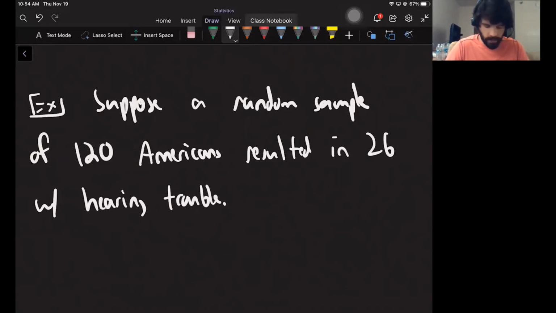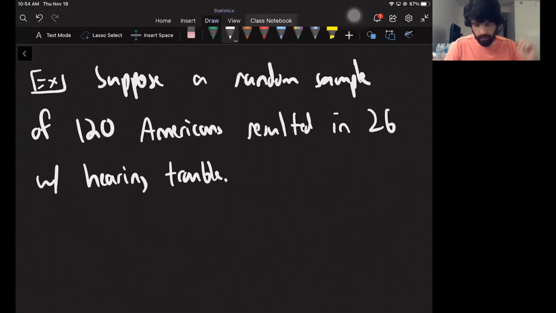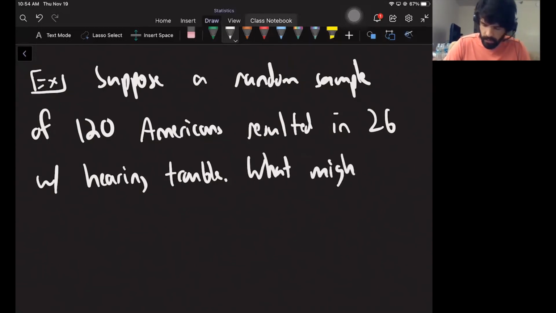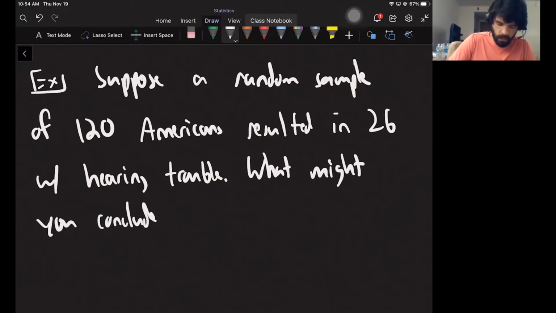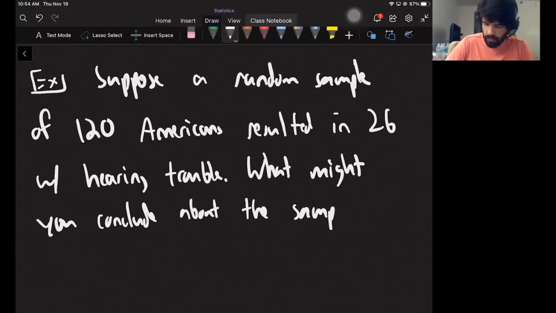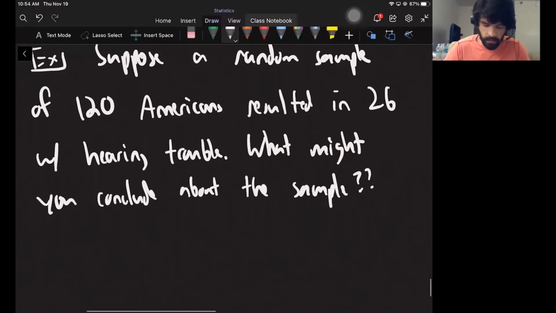So this time they're not giving you the sample proportion immediately, but they are telling it to you. You just have to calculate it. And then the question is a bit more vague. So what might you conclude about the sample? It's not asking you directly for a probability, but it really is. You just have to see that that's what it wants you to do.